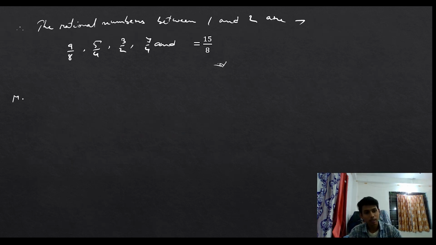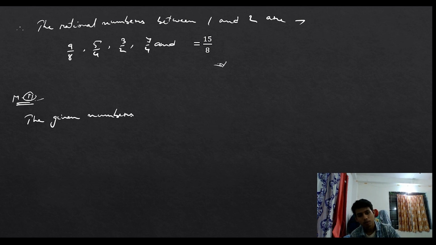Now let's come to method number 2. So in the question, the given numbers are 1 and 2. Now this comes with a trick.